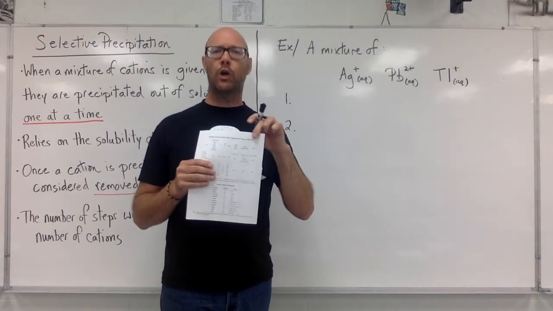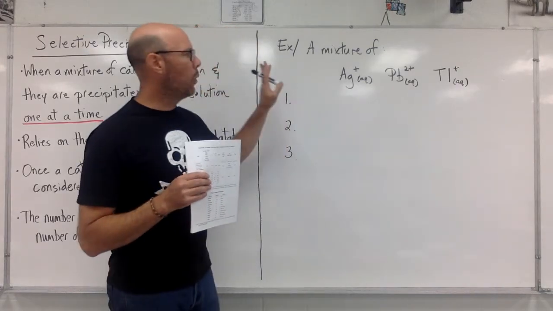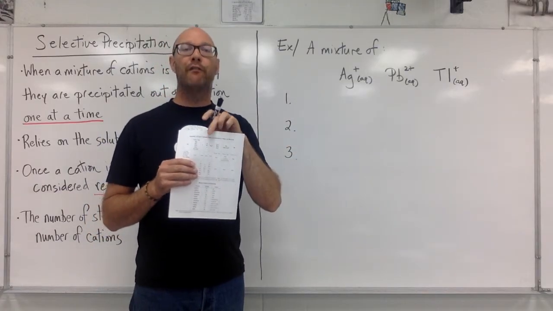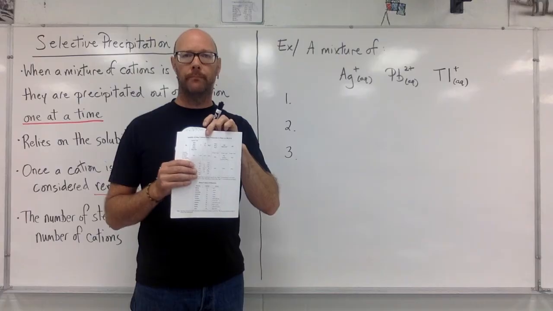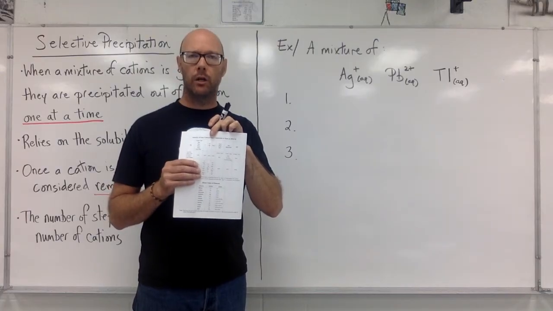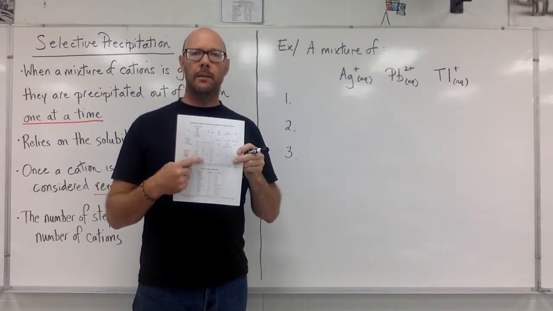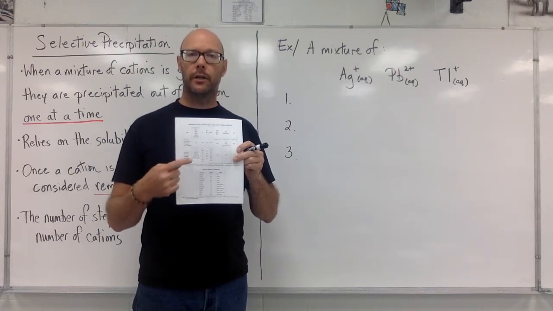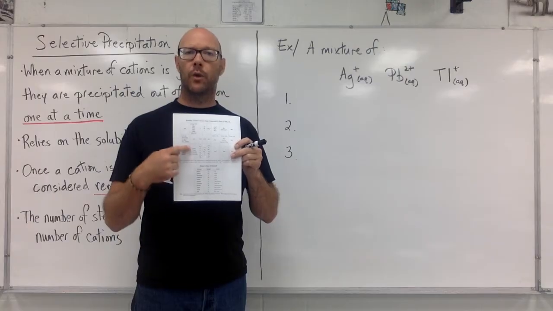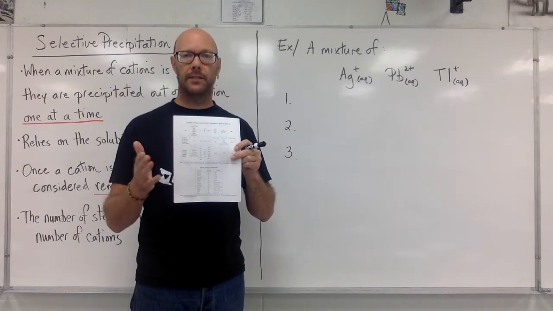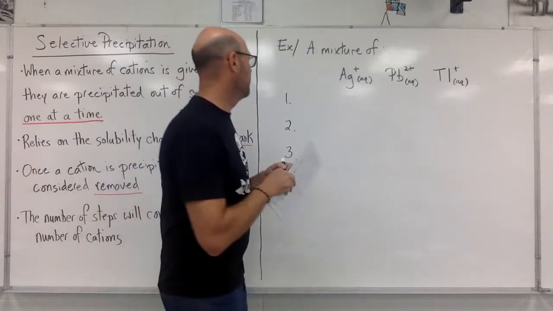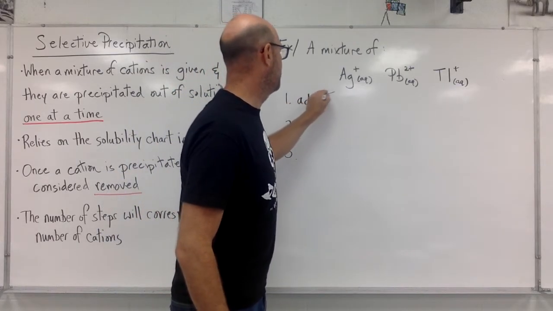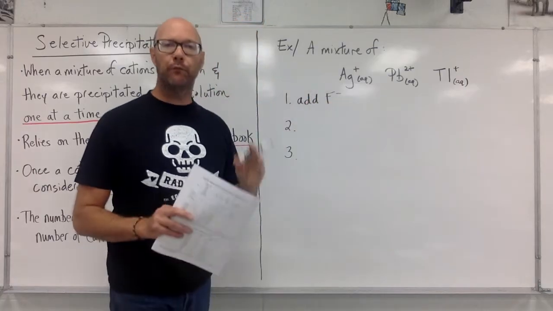Find a chemical across the top that makes one of the 3 turn solid. Here, if I look at the fluoride ion column, the F- column, we see that in the bottom half, what's listed down here is lead 2 ions are going to turn solid, but silver ions or the thallium is not specifically listed. So that's a good choice. So I'm going to add F-, add fluoride ions.